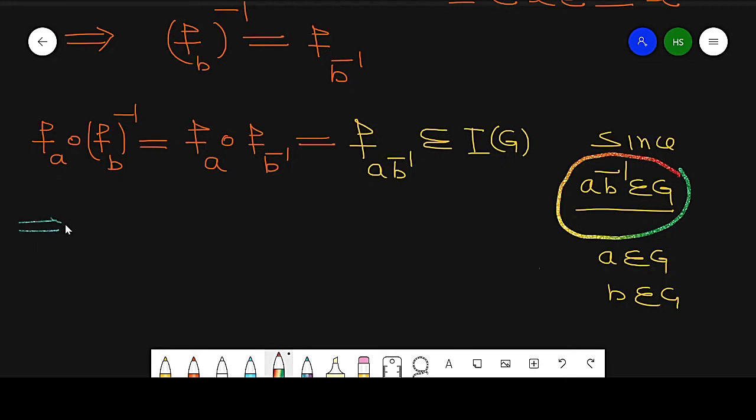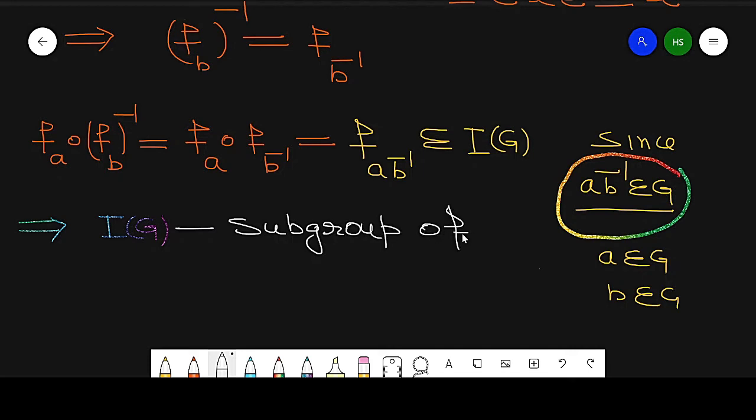So what we get? We get I of G, which is a subgroup of group G. So this is my result.